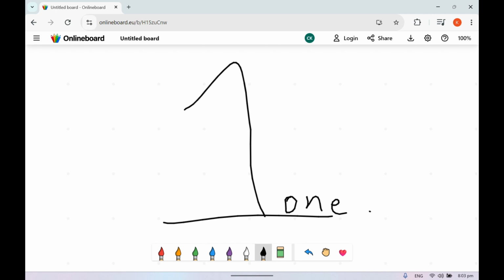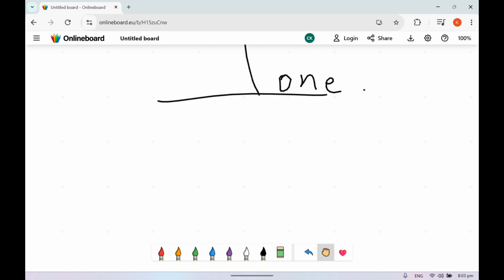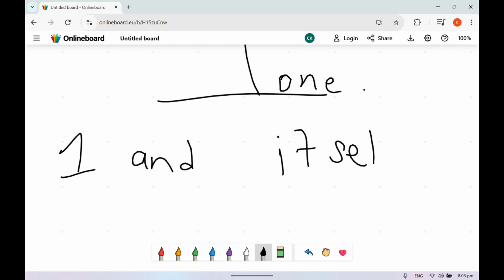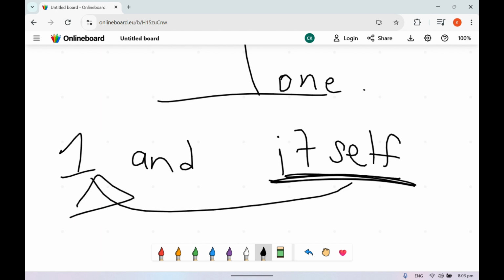Now think about it. Why is 1 neither prime nor composite? Okay, now, here's the thing. Now the definition of prime is only has 2 factors, 1 and itself. But if you think about it, itself is 1. When I said a prime number has 2 factors, 1 and itself, in this case, itself is already 1. Which basically means that you can't talk about this part. You can only look at here.